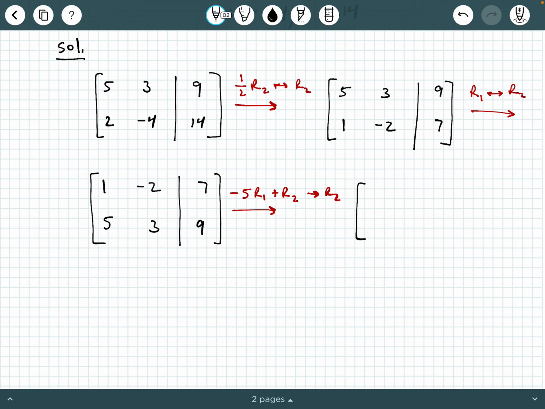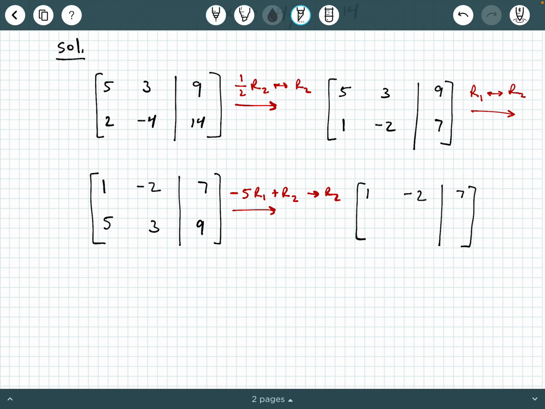Well, again, we're using row 1 to change row 2. We are not actually changing row 1 at this point. Notice my nomenclature here, to change row 2, okay? So I'm keeping row 1 the same, but I'm modifying row 2.